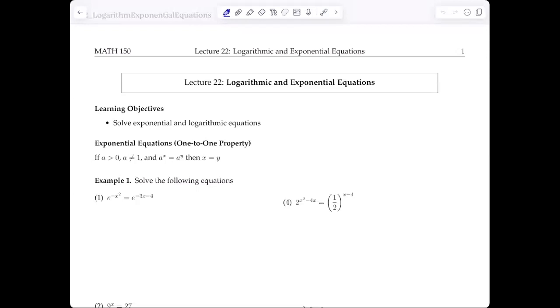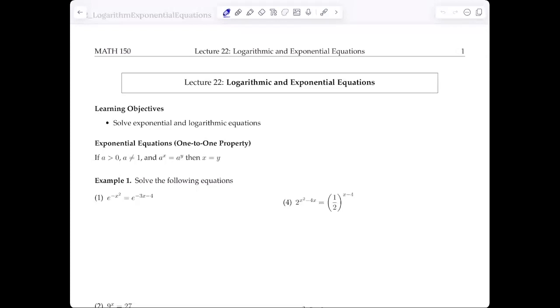Another way to look at this step, going from a to the x equal to a to the y, to x equal to y, is that you technically take log of base a on both sides of the equation. Bear with me here.